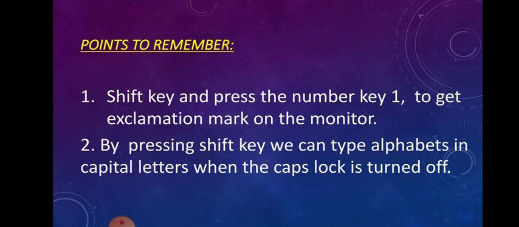Now, there are some points that you must remember. The first one is shift key and press the number key 1 to get exclamation mark on the monitor. You have to hold the shift key and press the number key 1 to get exclamation mark when you are typing. Second point, by pressing shift key we can type alphabets in capital letter when the caps lock is turned off.